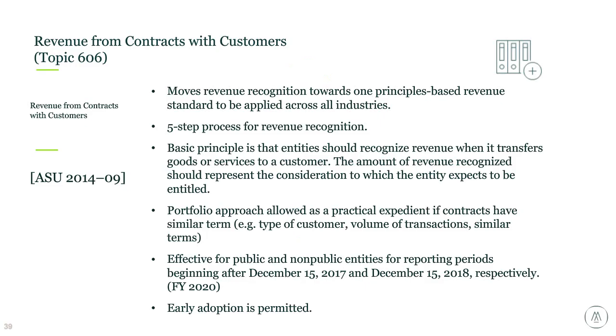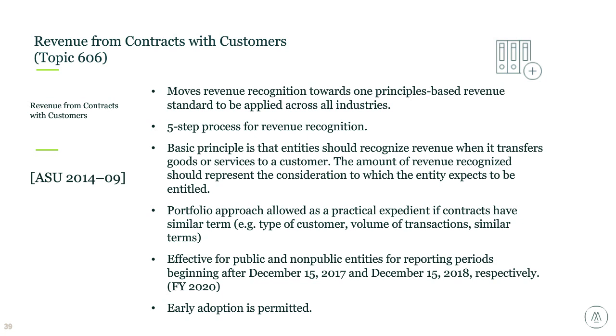All right, so what this does is move again to more of a principle-based standard rather than rules-based. It's a 5-step process, and so you have to go through that process to analyze the contract to then determine how you should account for that. Some organizations do have multiple contracts with multiple customers, and if those contracts are all written similarly, then you can use this portfolio approach to help with that implementation.